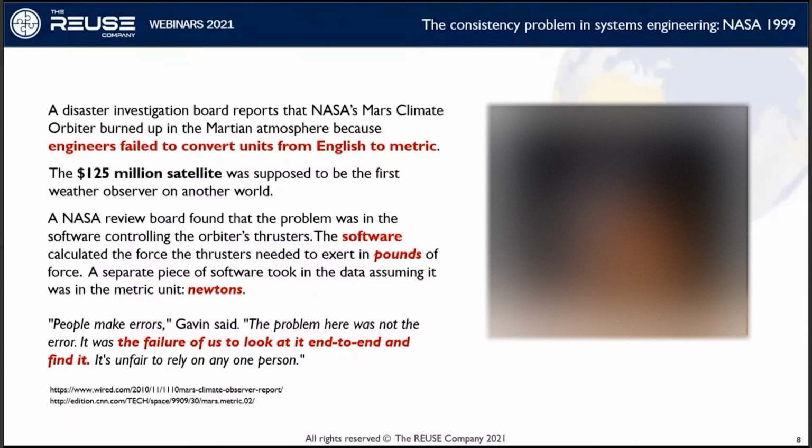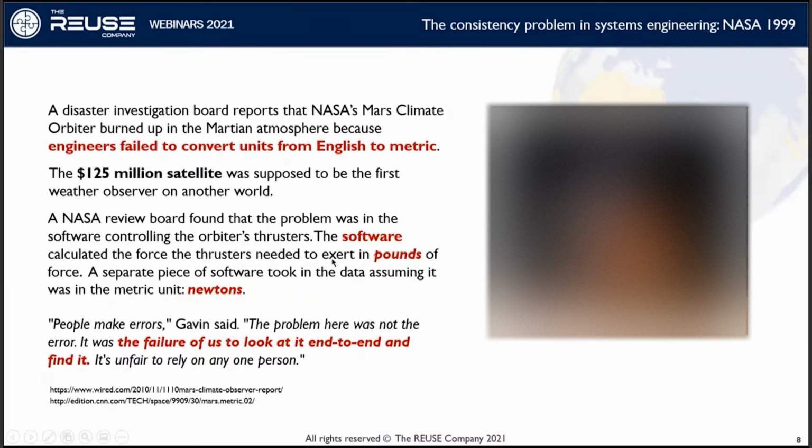So first of all, some facts about quality. Here are some examples of defects that were introduced due to requirements quality and that had a major impact in projects. For example, in this Mars Climate Orbiter project from the NASA, the problem was conflict in measurement units between 2 software controlling the orbiter's thrusters.